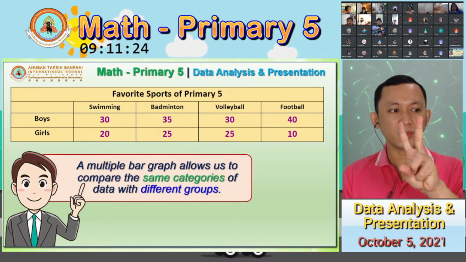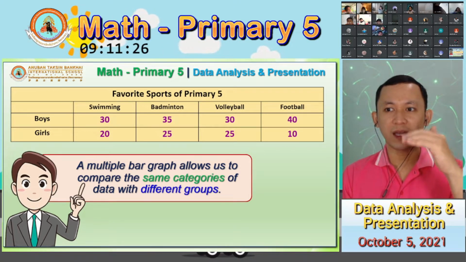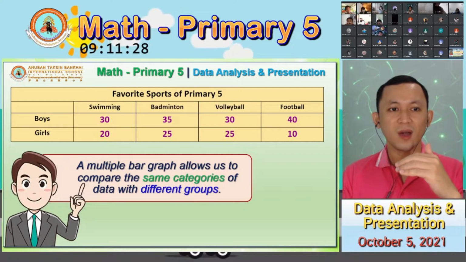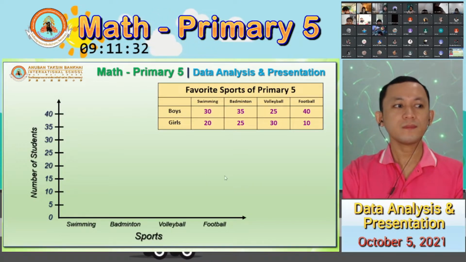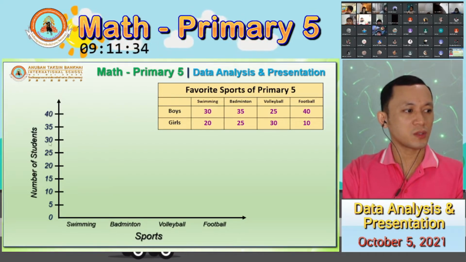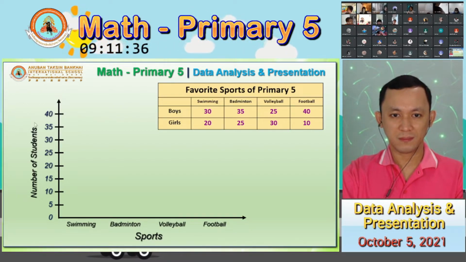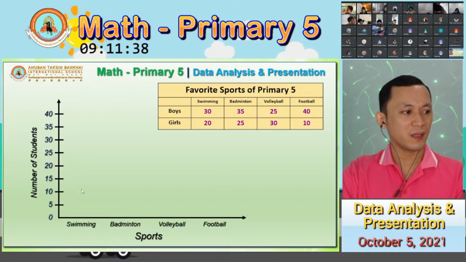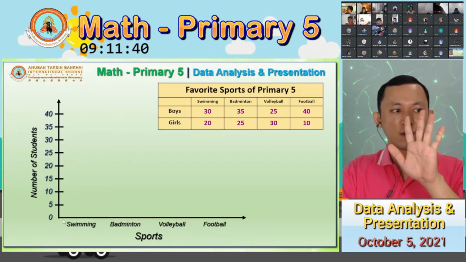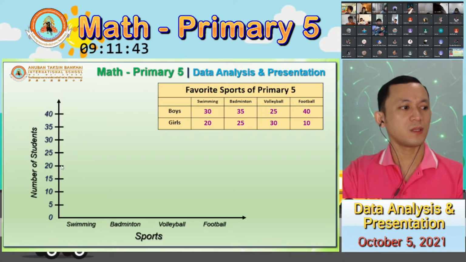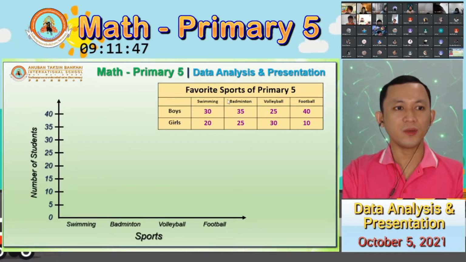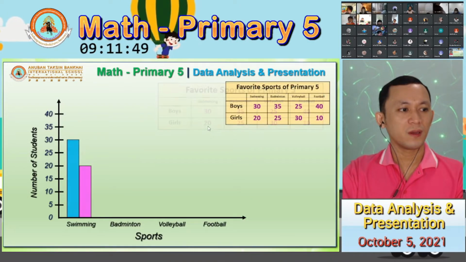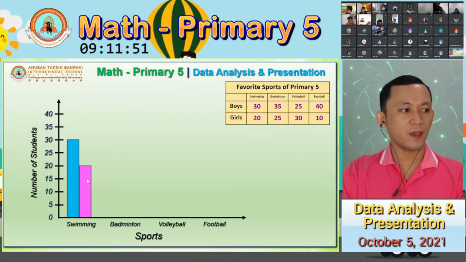So we have two groups, boys and girls. How are we going to do that? First you write your scale, and we use 5: 0, 5, 10, 15, 20, 25 until 40. Then you have two bars, so we have here boys.